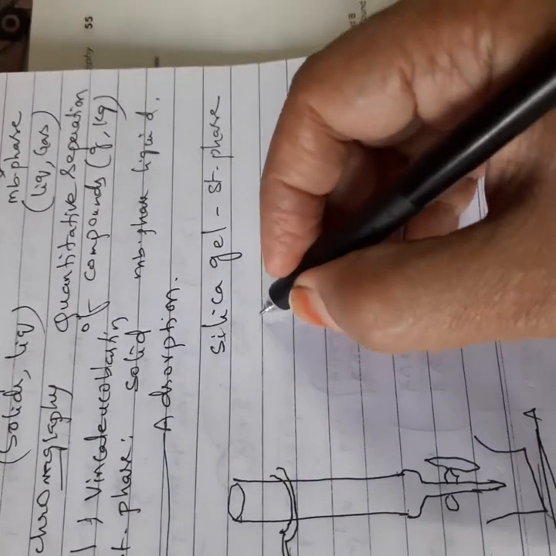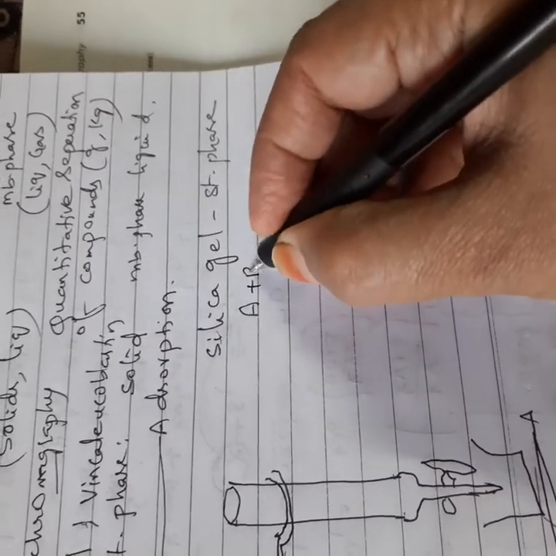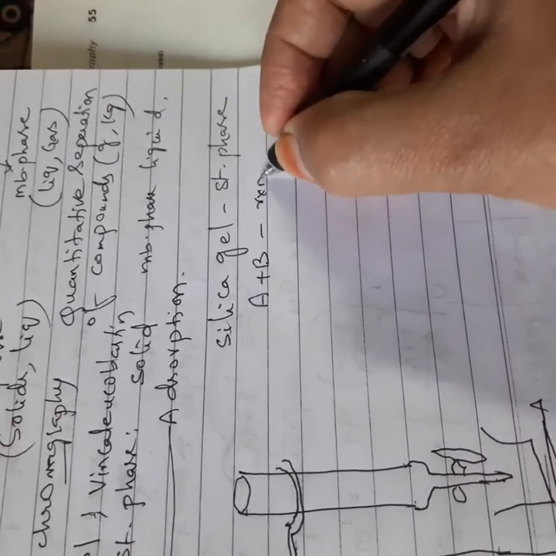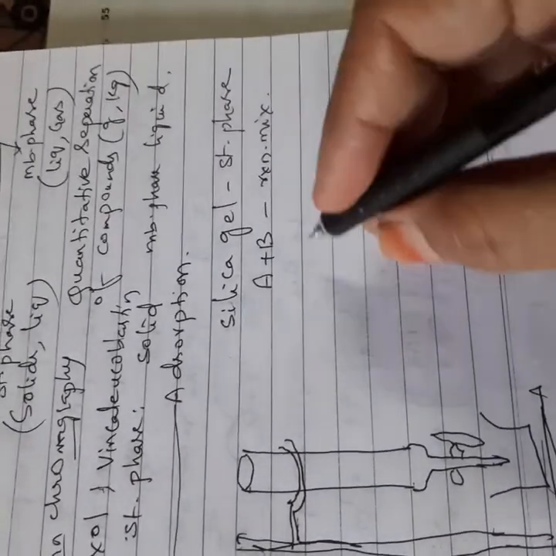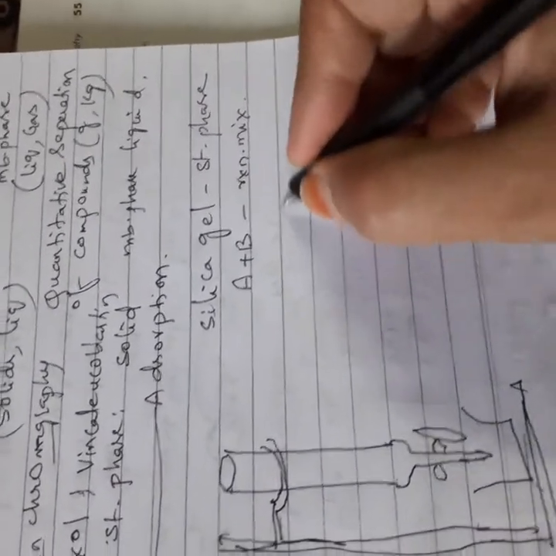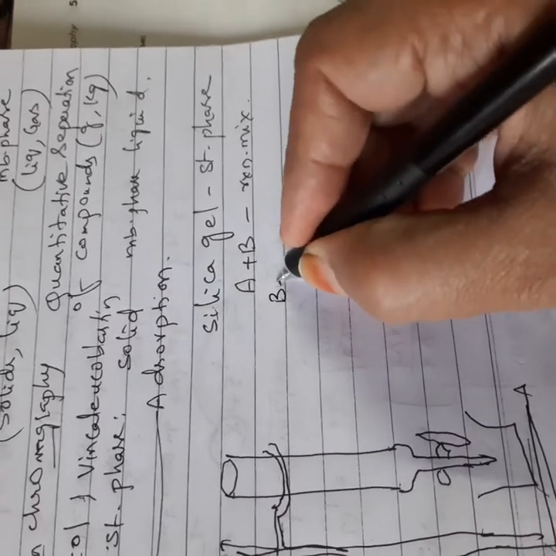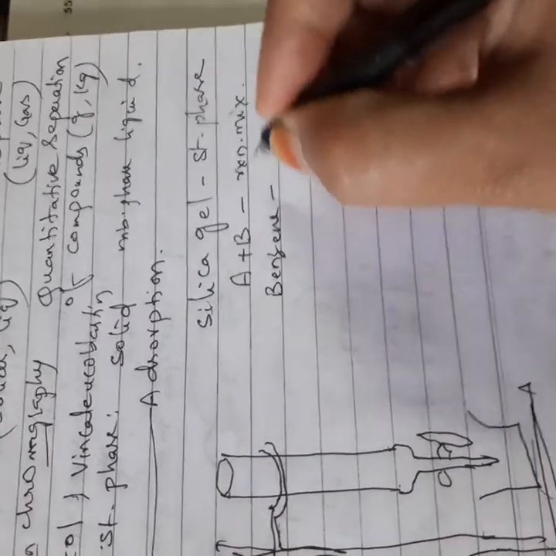Let our reaction mixture be A and B, which means we are going to separate A and B, which have different polarities, and let us take benzene as our mobile phase.